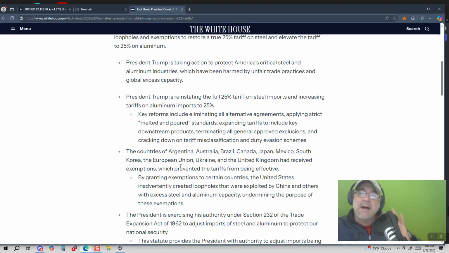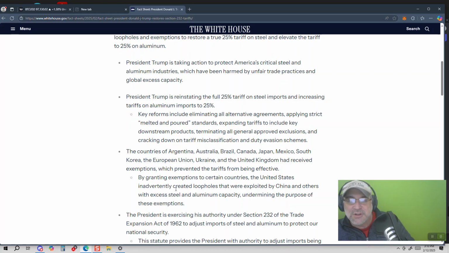Now remember, we're talking about crypto, which is a global asset, right? It's not controlled or owned by the United States. So this pertains to the global scene right now, and these tariffs affect the world globally, as you can see. In the past, there were exemptions. Those exemptions have been lifted now, and so all of these countries are now subject to these tariffs as well.